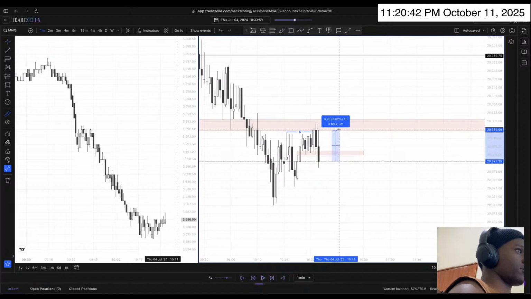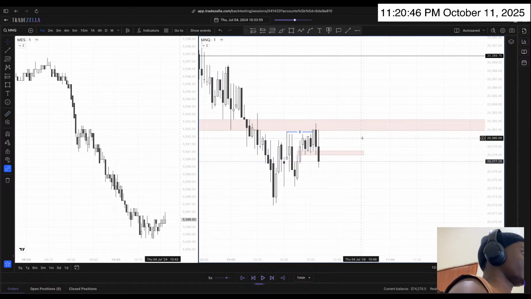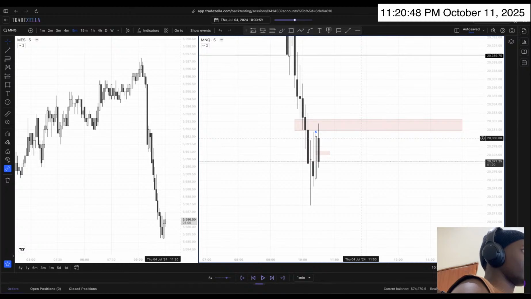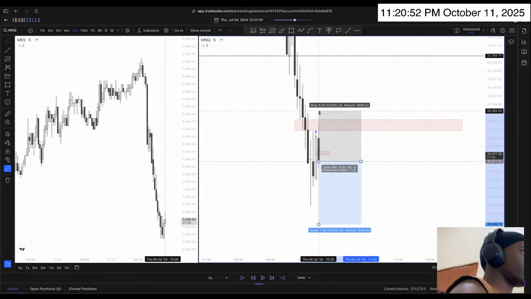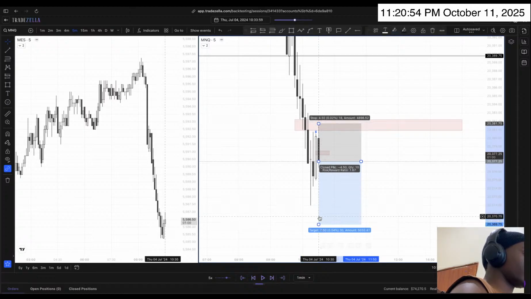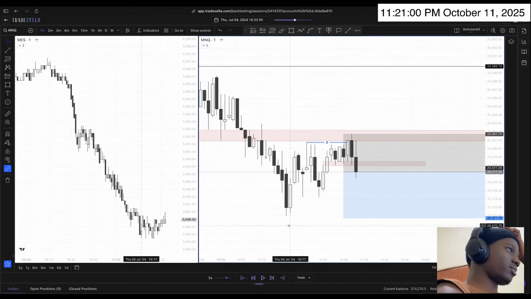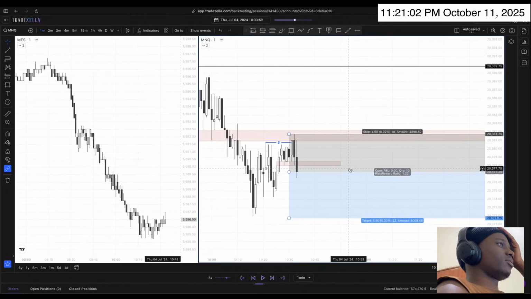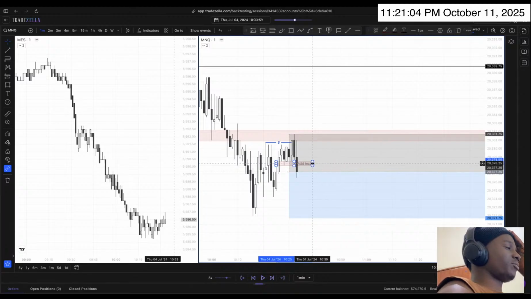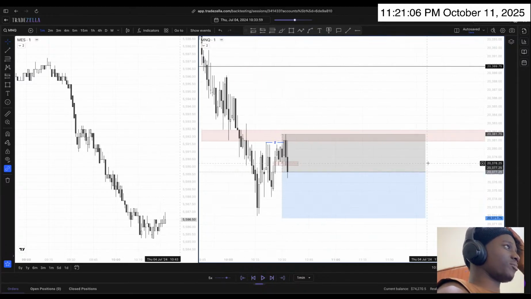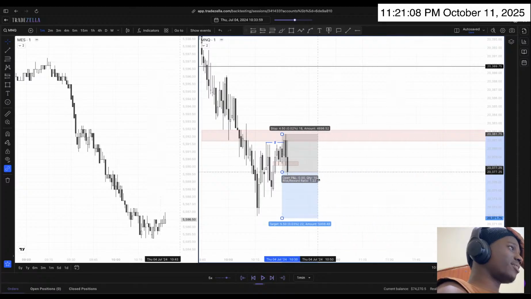Three handles. Craziest stuff I would have ever taken. I think this is probably the smallest trade, in terms of handles, I would have ever taken, because the day is slow. 3 handles, 400 stop loss.